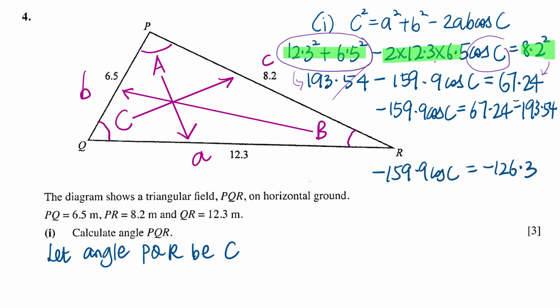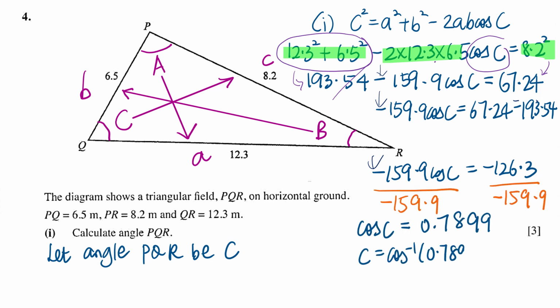Beware that the negative here must continue writing. And then the next thing is to divide by negative 159.9 on both sides. That gives us cosine C to be that, and C is cosine inverse of this value, which is 37.82, rounded to 37.8 degrees. So therefore the angle PQR is 37.8 degrees.